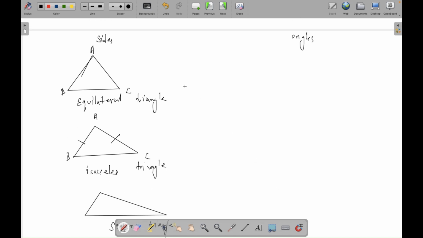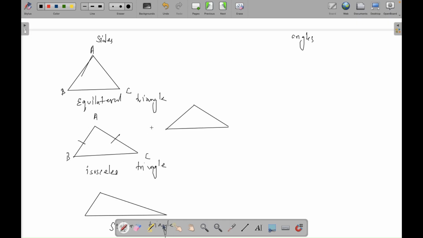So see, when you are drawing an equilateral triangle, all three sides should be equal. When you are drawing an isosceles triangle, say for example a triangle like this, you make sure that these two sides are equal, and the third side is different.